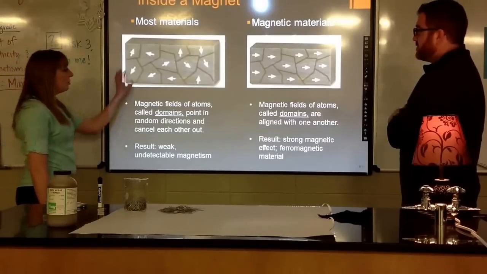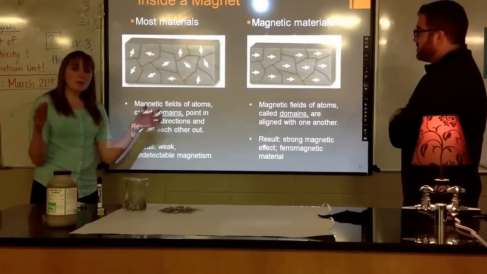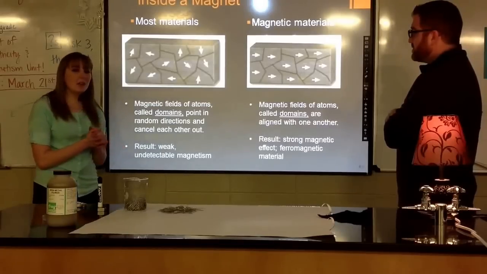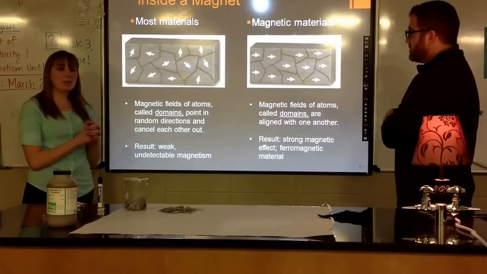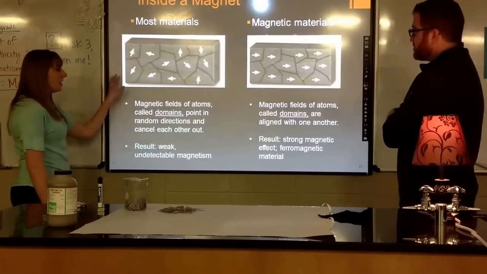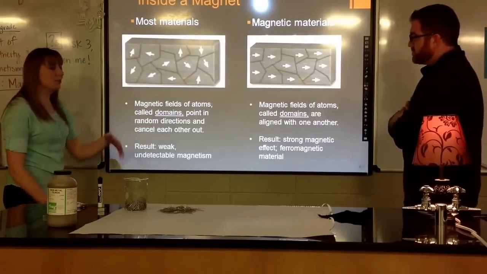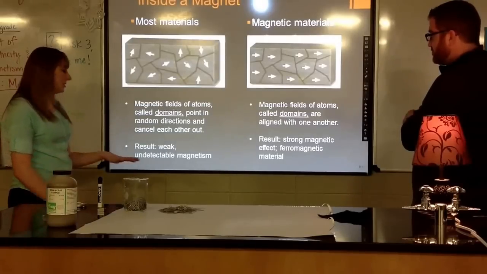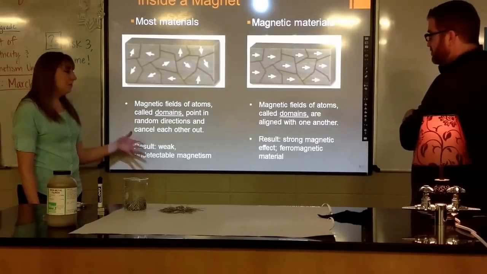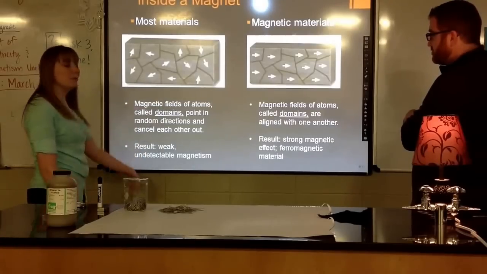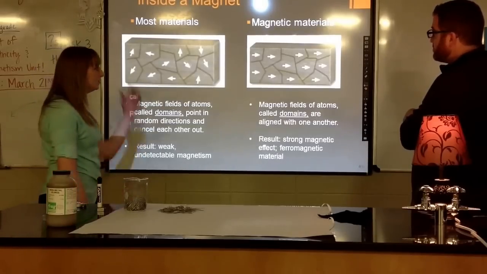Everything is made up of atoms, and the magnetic fields of each of those atoms are going to be pointing in a certain direction. In most materials, they're pointing in random directions and kind of canceling each other out. Then we end up with just a very weak, undetectable amount of magnetism, so those things don't appear to be magnetic to us.